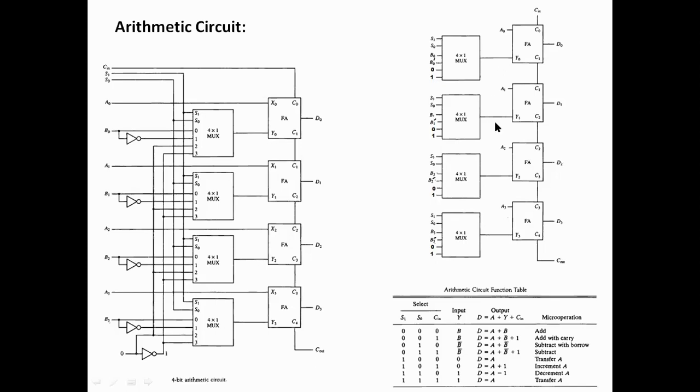So this will be 1, 1, 1, and 1. So that means 4 ones will be added to the 4 bits of A and no carry. So what is this? This is a decrementer. So in that case, if this is 1, 1 but the carry is 0, this will become a decrement operation.